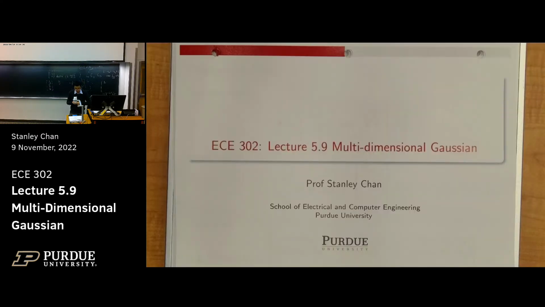Cool, let's go back to our multidimensional Gaussian. I want to spend a little bit of time talking about some pictures of this multidimensional Gaussian. Again, this lecture will not be tested in the exam. We have enough to test you. You just had a wonderful strike back test.